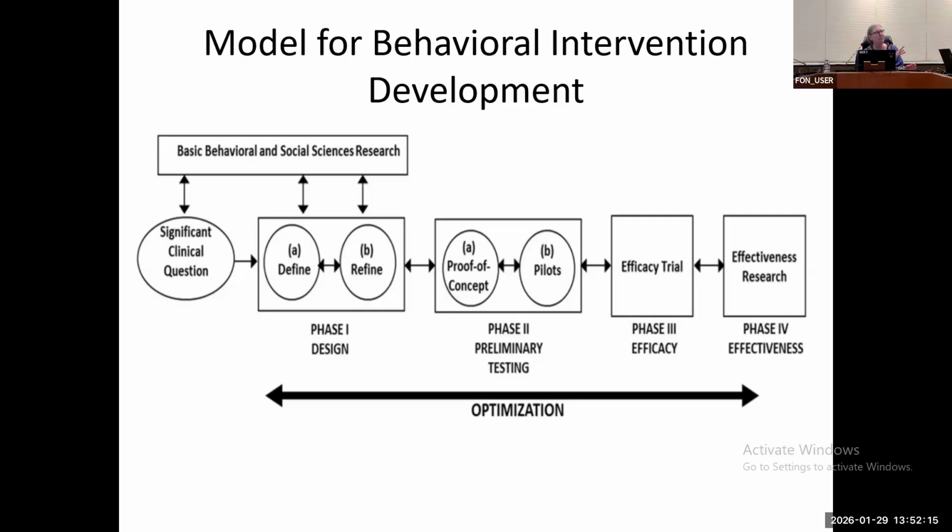So, thank you again for that question. How you determine the power and the effect size and how many people you need to have in the study is going to be a little bit different if you're doing a pilot, feasibility, acceptability study, if you're doing an RCT, or if you're doing effectiveness or a pragmatic clinical trial.